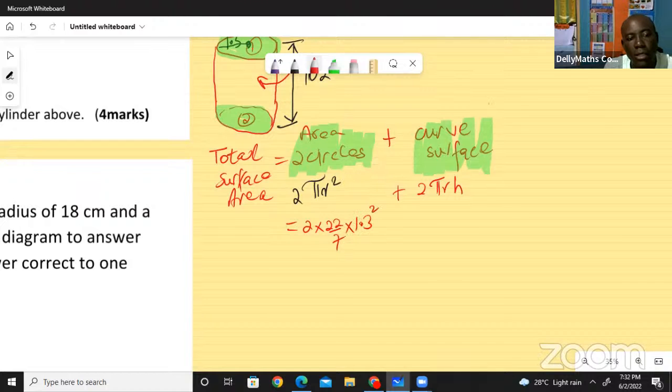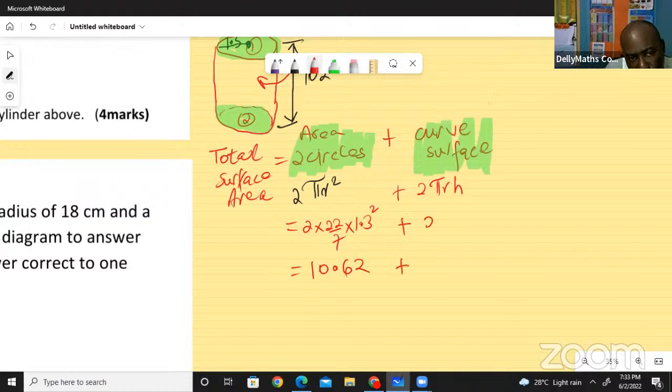We're talking about 2 times 22 divided by 7 times 1.3 times 1.3. That part will give us about 10.62.